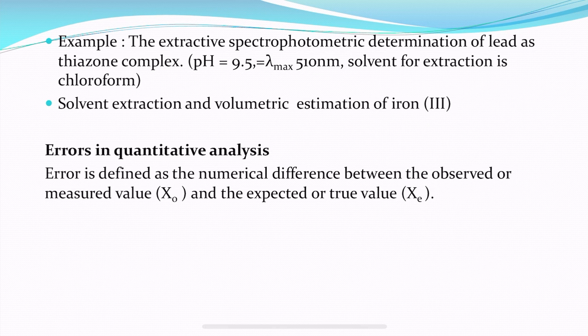Then the complexes with ferric chloride are formed and extracted into the ether layer. The ether is evaporated, then the iron 3 is reduced to iron 2 and titrated against 0.1 normal potassium dichromate using diphenylamine as indicator. Okay. So, this is one example.